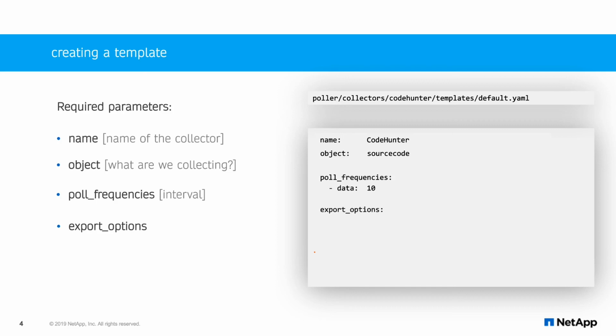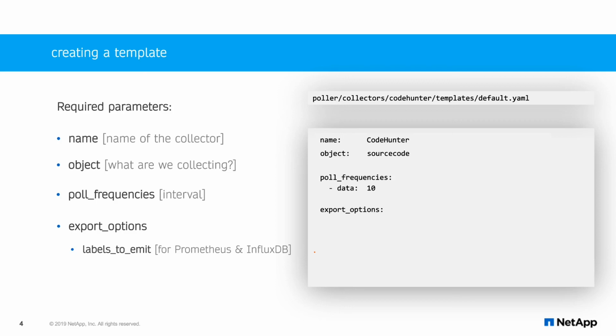In export options, you define some parameters that different exporters will use to create output metrics from the data that is collected by your collector. There are two that are important. Labels to emit is used by the Prometheus exporter and the InfluxDB exporter.